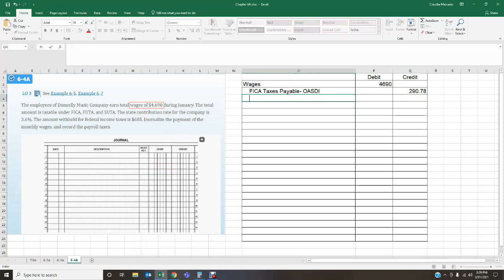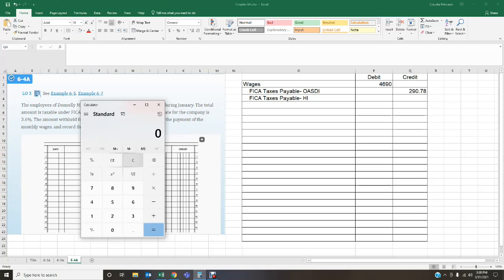Next, I'm going to do my FICA taxes payable, HI, and that is going to be $4,690 times 1.45%. That gives me $68.005 because that third digit is a 5.